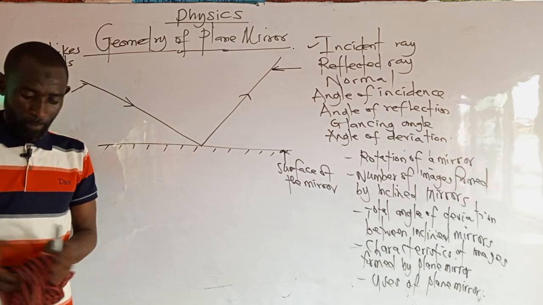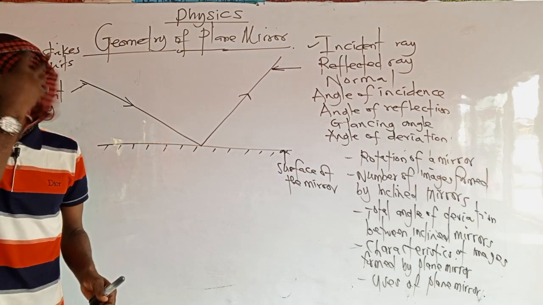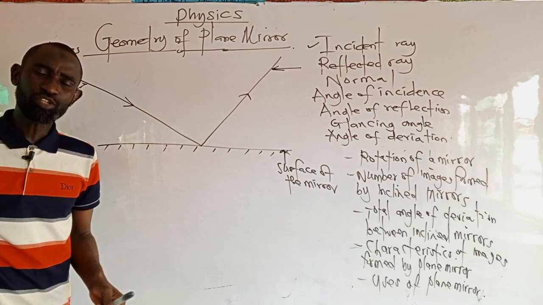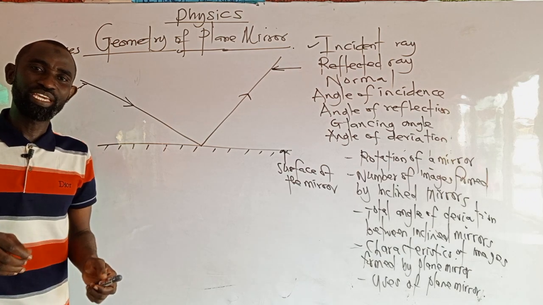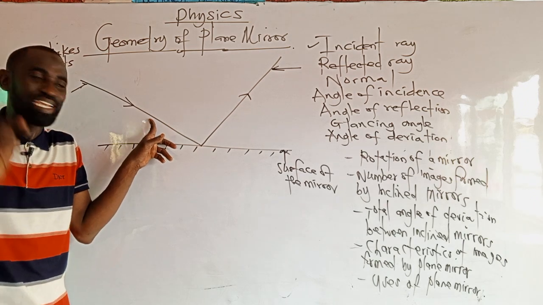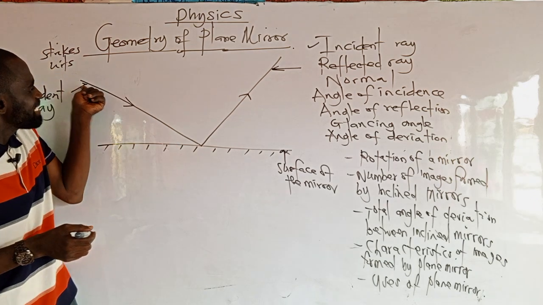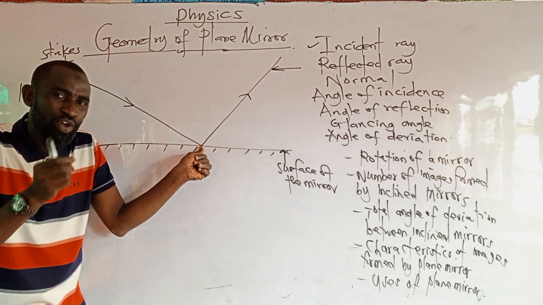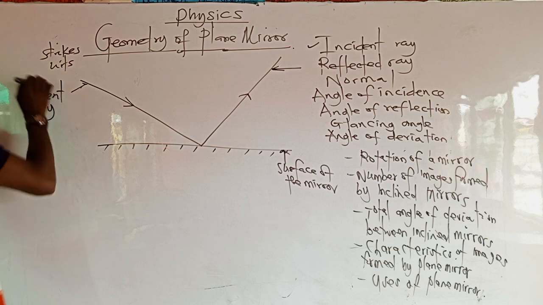Now, between the incident ray and the reflected ray, we have what we call our normal. Normal is just an imaginary line that meets the incident ray at the point of incidence. The point where this incident ray strikes the surface of the mirror is what we call the point of incidence.